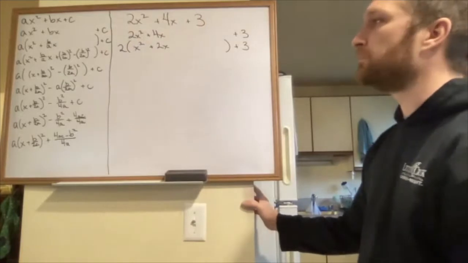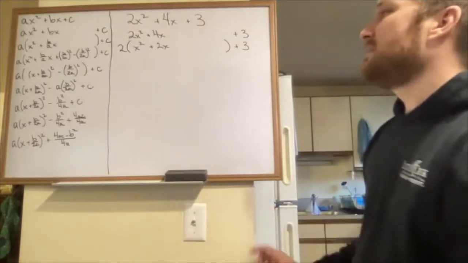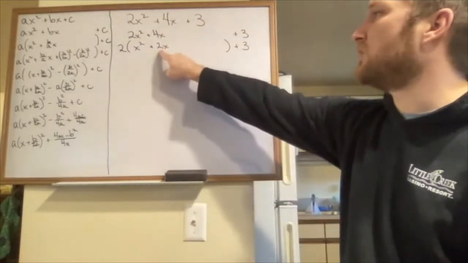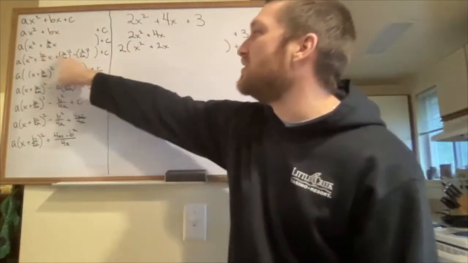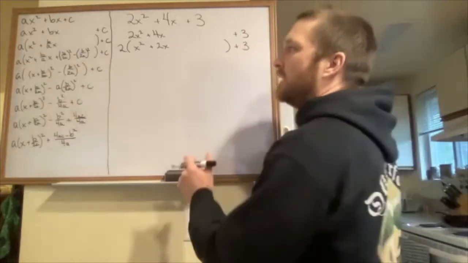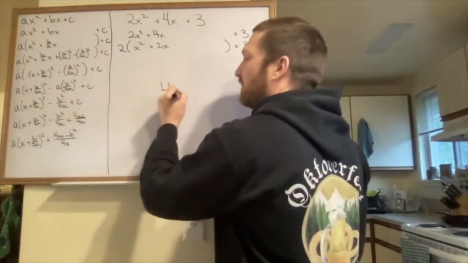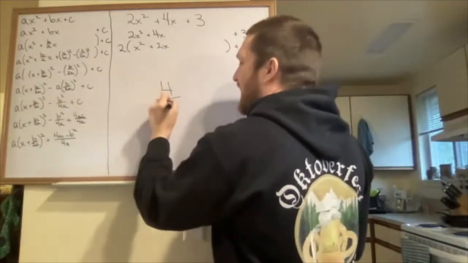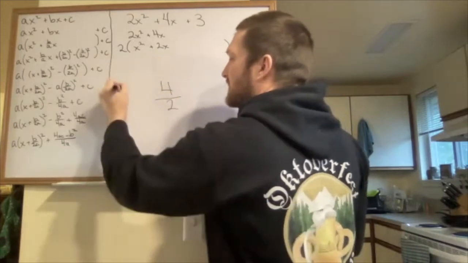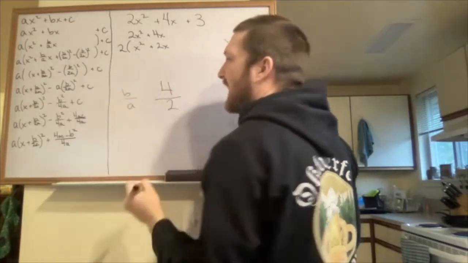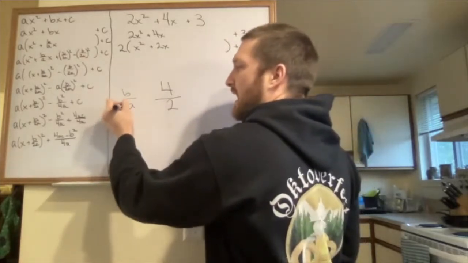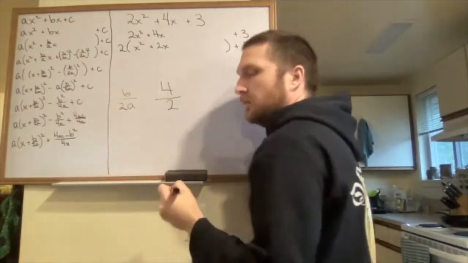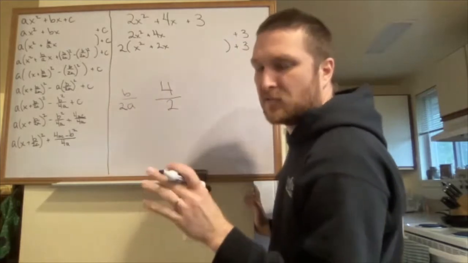Okay, cool. The next step says to take half of that term right there, right? B over A, you throw a 2 in the denominator. The B happened to be a 4. The A happened to be 2, right? This is my B over A like that. We're taking half of that, or in other words, multiplying the denominator by 2, not adding.